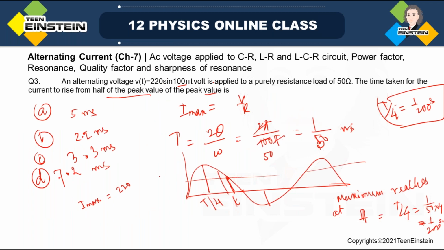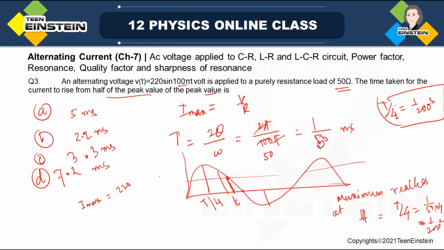An alternating voltage was given like this, and it was given for a purely resistive circuit having resistance 50 ohm, and the time taken for the current to rise from half of the peak value to the peak value.